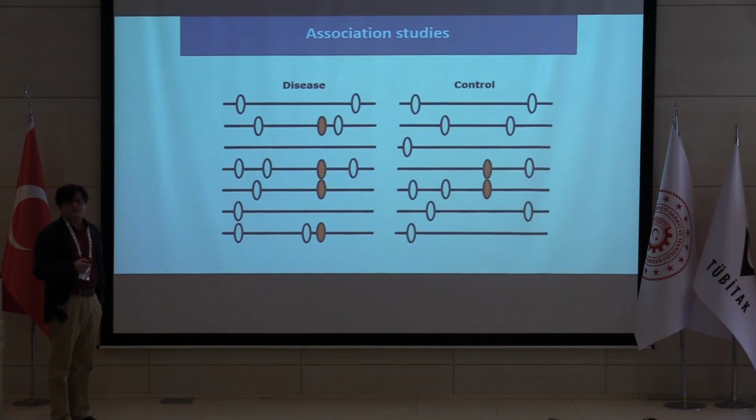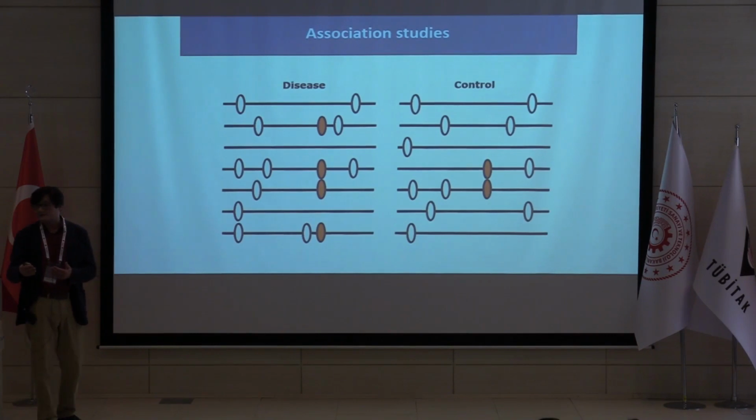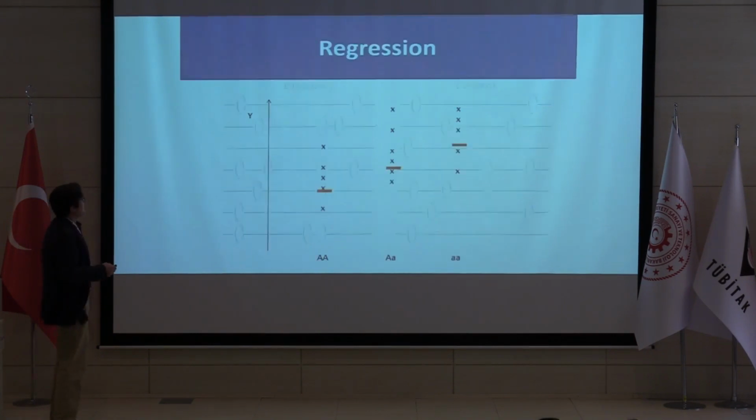So in this case, more common in the disease group than in controls. It's as simple as that, right? So if I detect that this allele is more common in the disease group than in controls, then probably this variant is causally implicated in disease, right? So it's causally involved in disease.